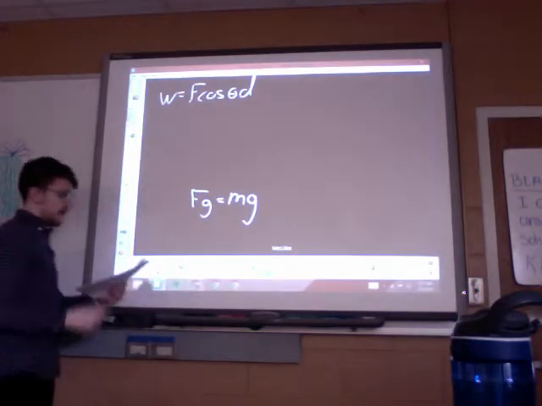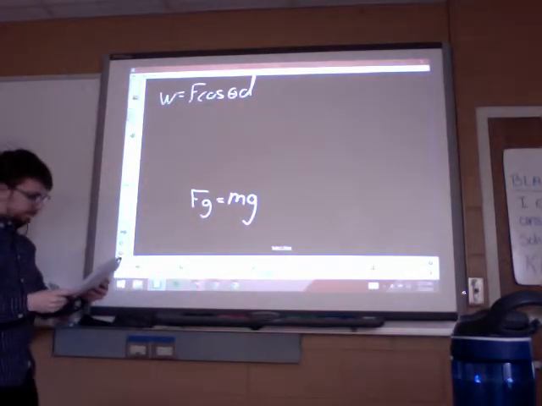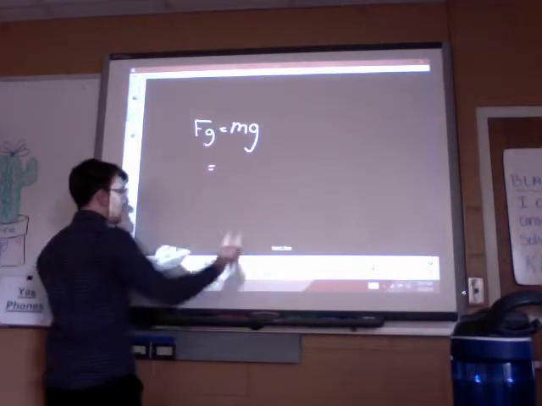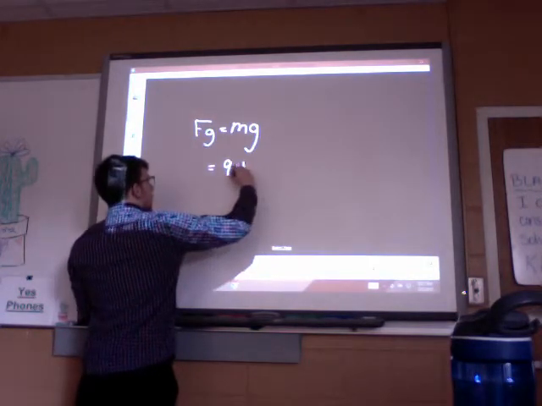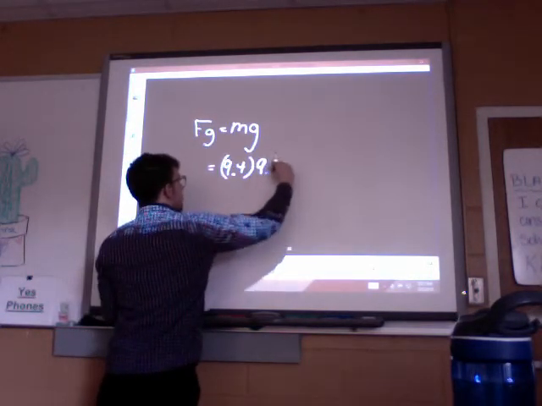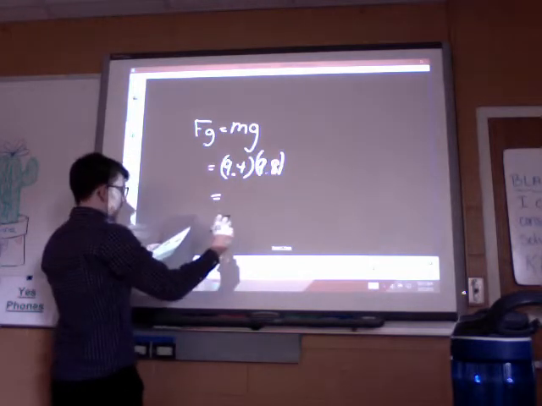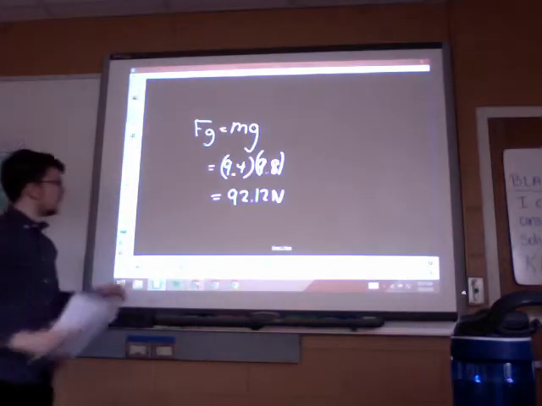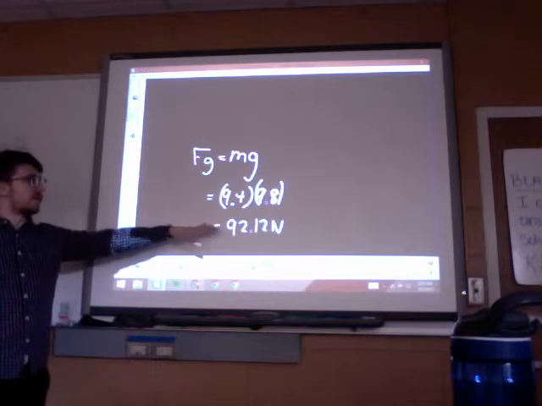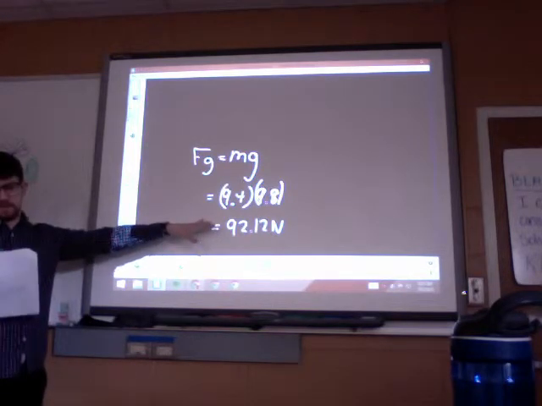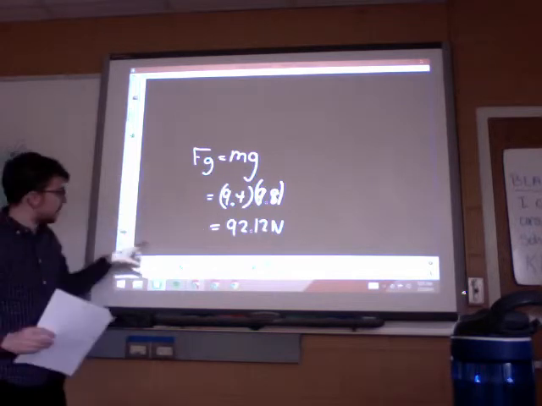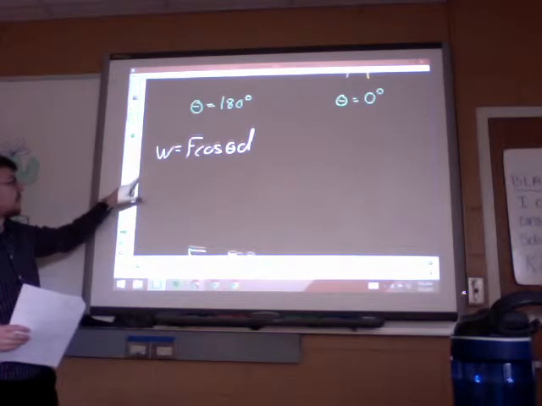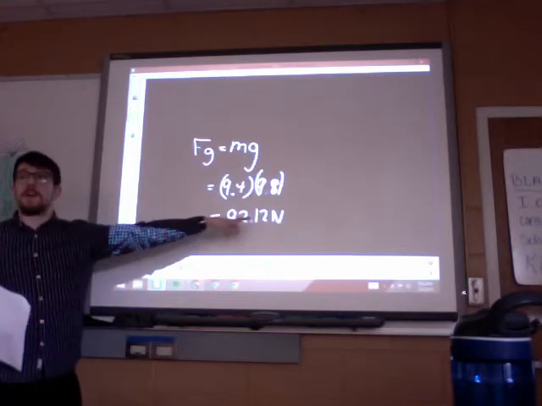So force of gravity is going to be m times g. Mass of the bucket was 9.4. 9.4 times 9.8, and we'll get 92.12 newtons. So that's the gravitational force. They want the work done by gravity, so we have to use the force that gravity is using.